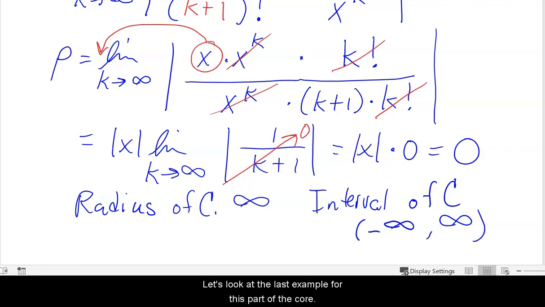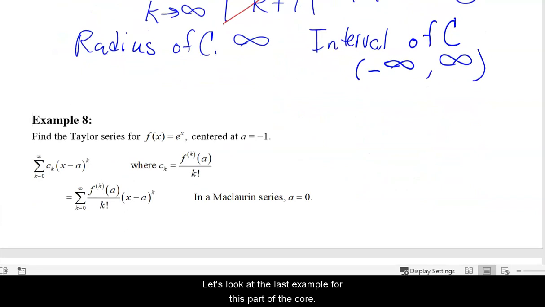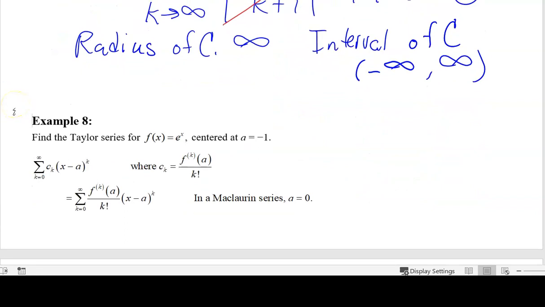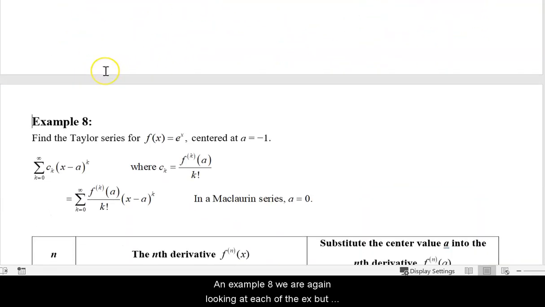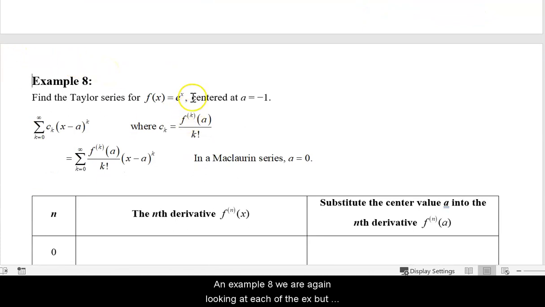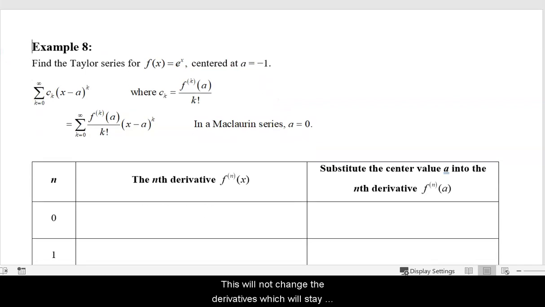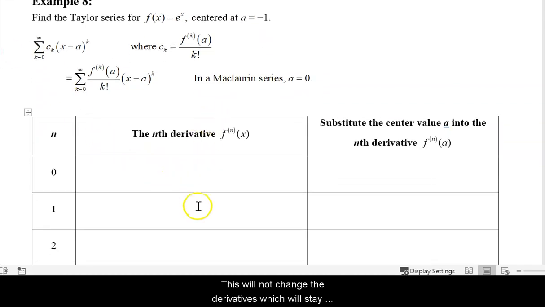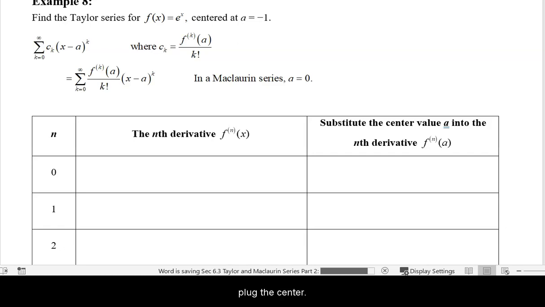Let's look at the last example for this part of the course. In example 8, we are again looking at e to the x, but centered at -1. This will not change the derivatives, which will stay e to the x. However, it will change the value that we get when we plug the center into the function.